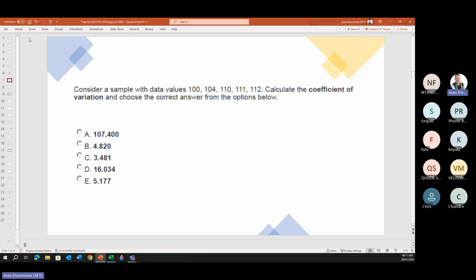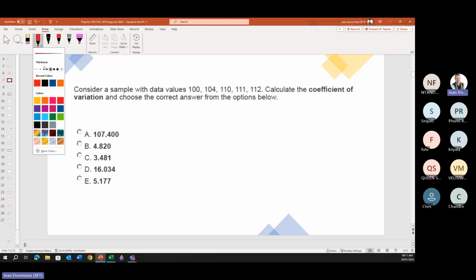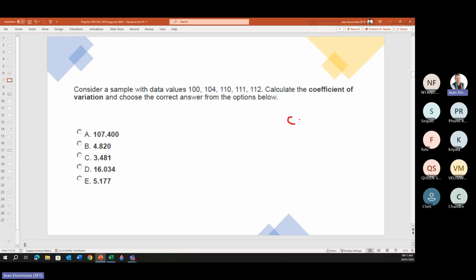Let's first look at what the coefficient of variation is. It is the standard deviation divided by the mean. If they have given you the standard deviation and mean in the question, then you use it. Else, they don't give it to us.